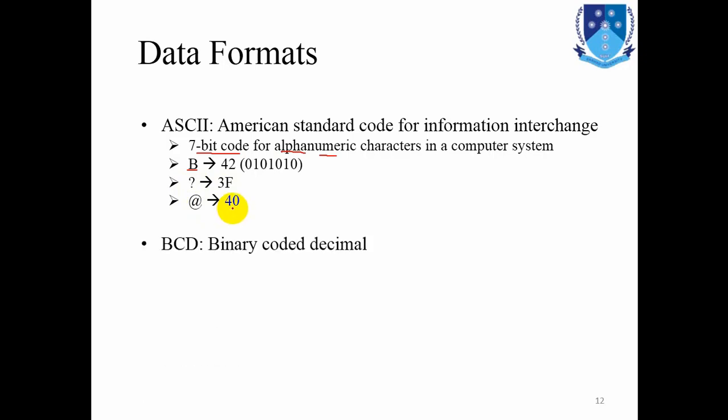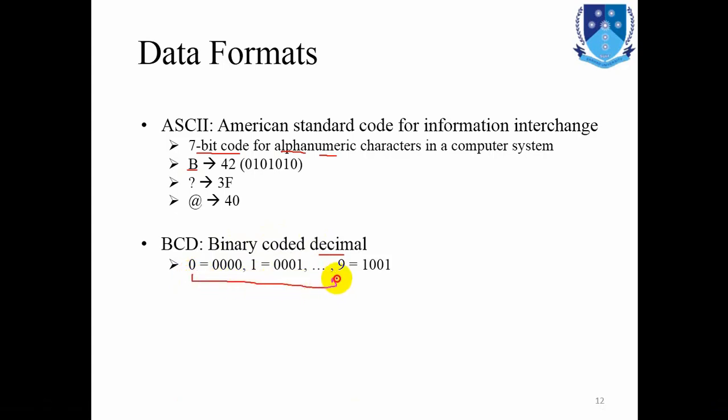The other important format is binary coded decimal. It sounds like a decimal number has been coded into a binary number. Here you can see that we have 10 digits in the decimal number system, starting with 0 and up to 9.